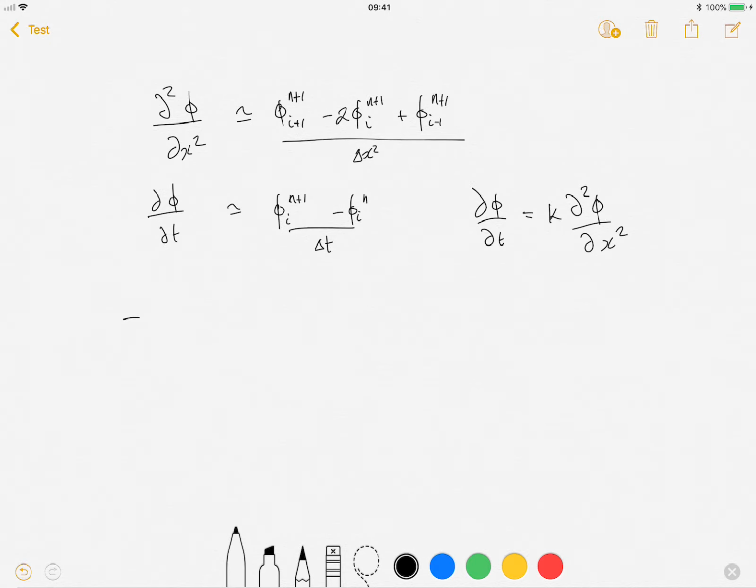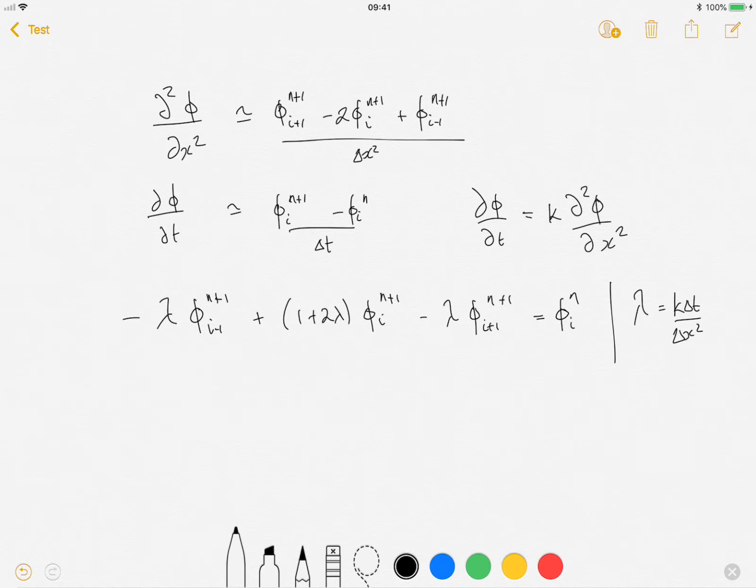So we have minus lambda phi I minus 1 n plus 1, plus 1 plus 2 lambda multiplied by phi I n plus 1, minus lambda phi I plus 1 n plus 1 equals phi I at n, and lambda is equal to k delta t over delta x squared.